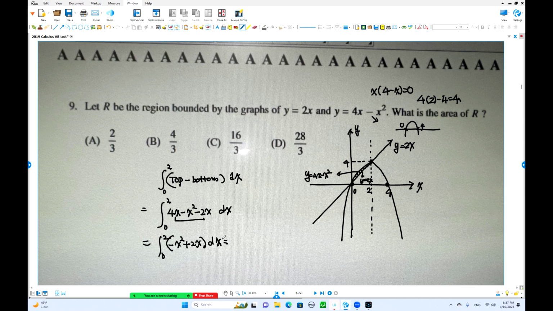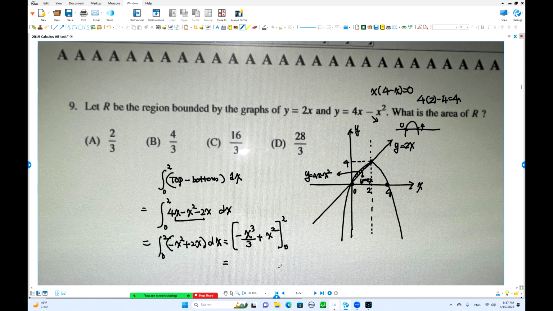So we need to take the integral. The antiderivative of minus x squared is minus x cubed over 3. The second one, 2x, the antiderivative is x squared, since 2 over 2 is 1. Take the integral from 0 to 2.